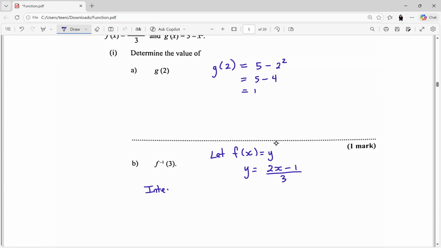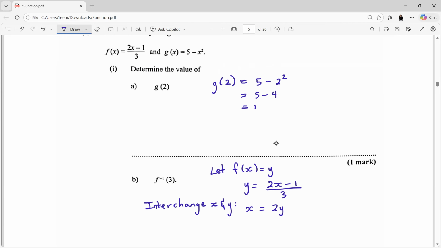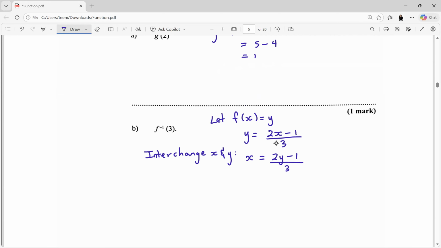So interchanging x and y, you'll get x is equal to 2y minus 1 over 3. And then you make y the subject.